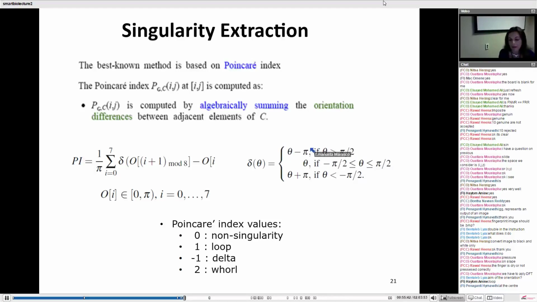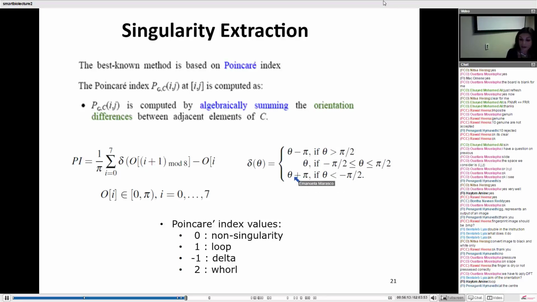If this difference delta theta is greater than 90 degrees, then you write the difference as delta theta minus 180 degrees. If this difference delta has values between minus 90 and 90, then you just consider in the sum the value of delta theta.